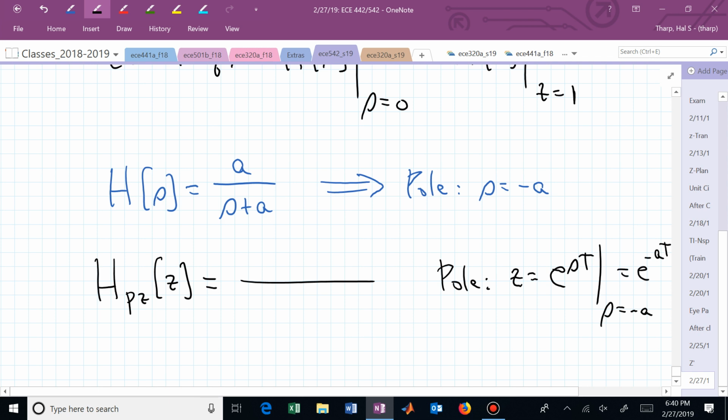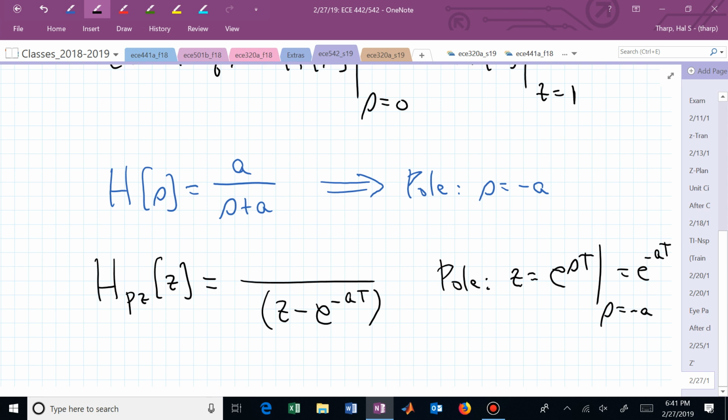Our pole is now at e to the minus AT, so we have a factor z minus e to the minus AT. Where is that relative to the unit circle? AT is a small positive number. E to the minus that is going to be close to 1, isn't it? So now again we have a pole on the real line close to 1 using this pole zero mapping approach.